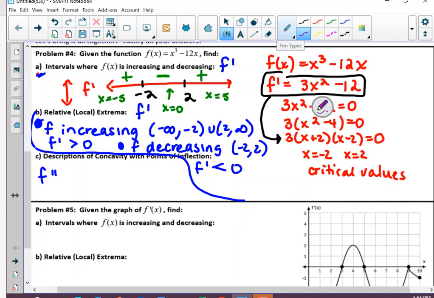I get a relative maximum anytime I go from increasing to decreasing. Increasing to decreasing makes a max. So I'll say that f has a relative max at x equals -2, f prime changing positive to negative.